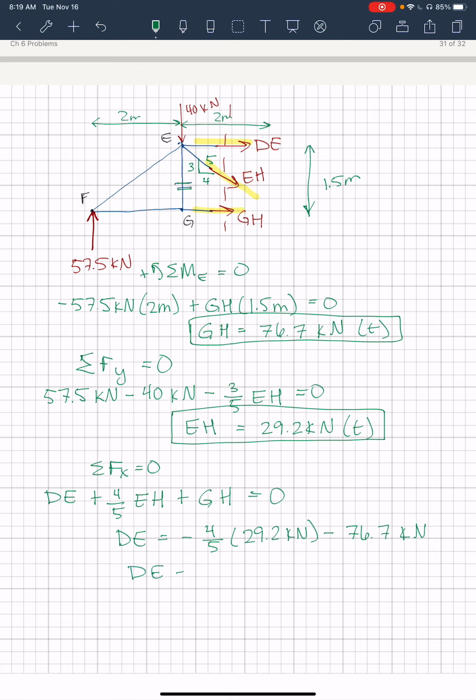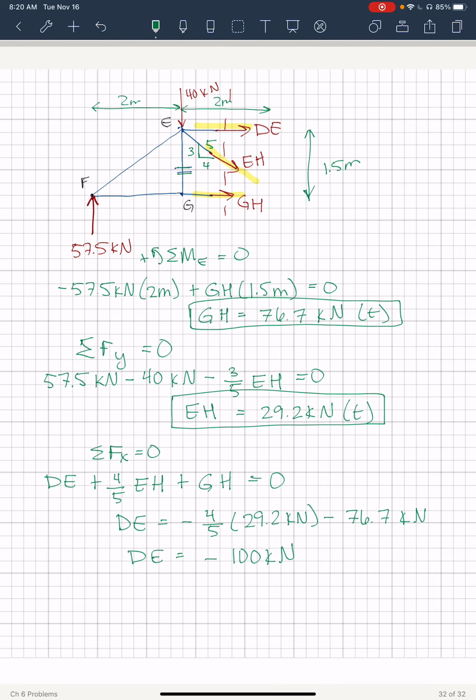So we get negative 100 kilonewtons. Because we get that negative sign, that means we picked wrong. It's not in tension. So DE equals 100 kilonewtons in compression.